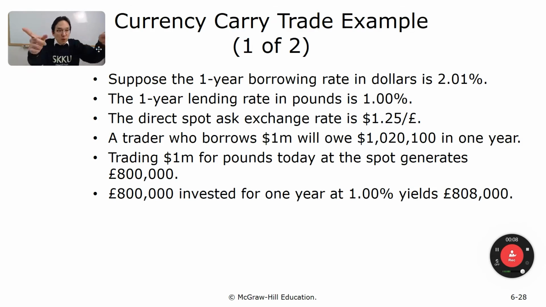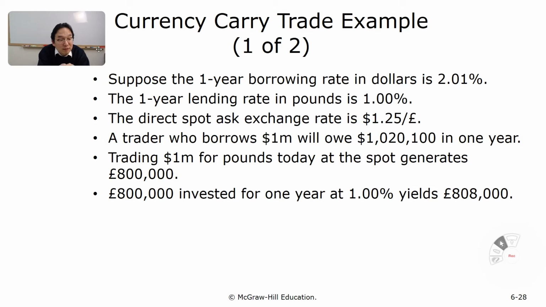Suppose the 1-year borrowing rate in dollars is 2.01%, whereas the 1-year lending rate in pounds is 1%. The direct spot ask exchange rate is 1.25 dollars per pound, and a trader who borrows $1 million will owe $1,020,100 in 1 year.